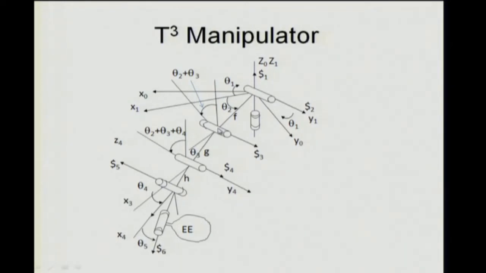Now this rotation will dip it down even further, this becomes x3, and this rotation will dip it even further, this becomes x4. Now with the vertical, this angle is θ2 plus θ3 plus θ4. Finally, this rotation θ5 will move this roughly in the in-plane direction, assuming things are horizontal, and then finally you have this rotation about this axis which is θ6, which just causes this to rotate around.